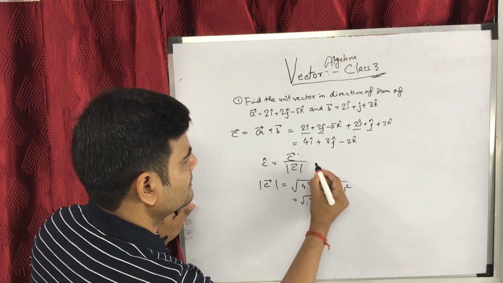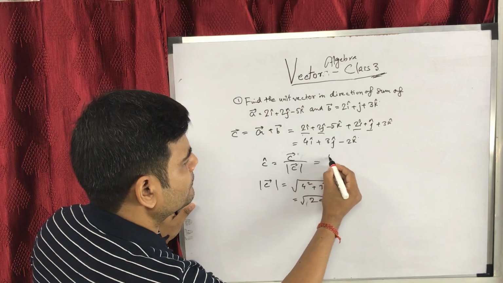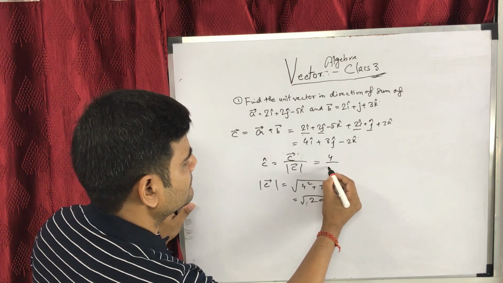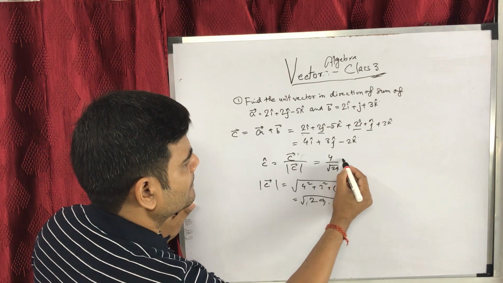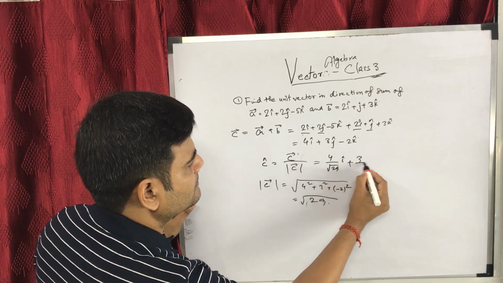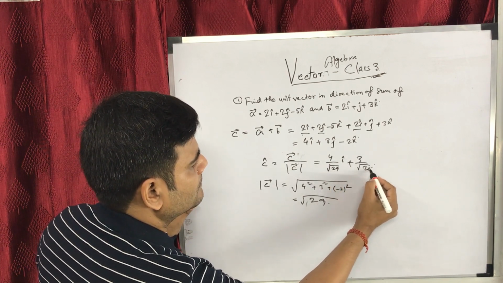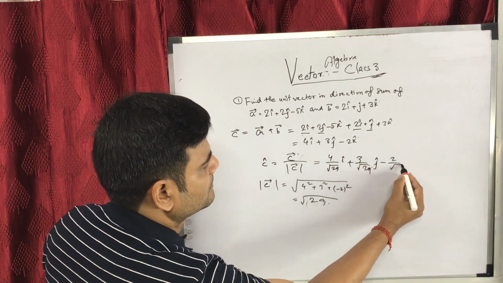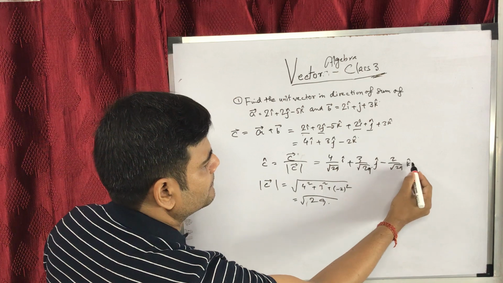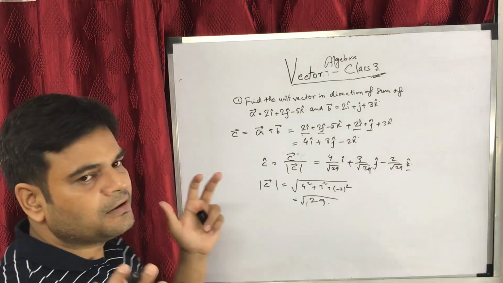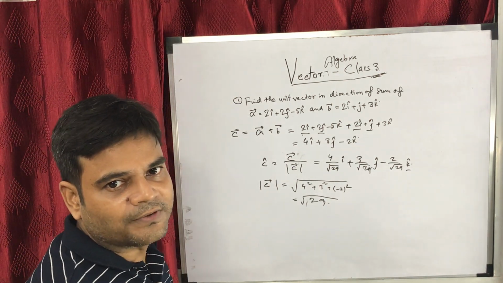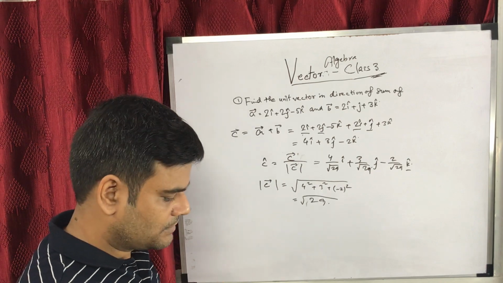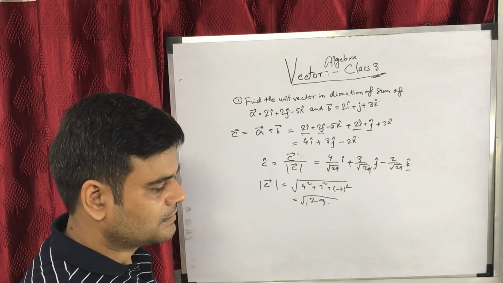So this becomes 4 by root 29 i cap plus 3 by root 29 j cap minus 2 by root 29 k cap. This was just to bring your attention towards vectors, nothing else.